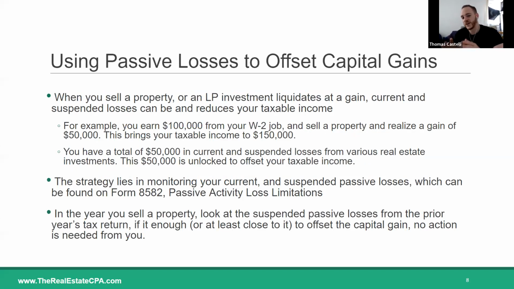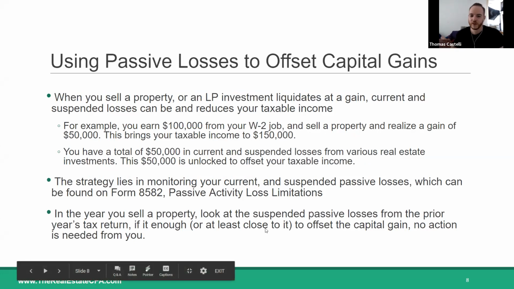So the second strategy we're going to talk about involves using these passive losses to offset capital gains. So when you sell a property or an LP investment liquidates at a gain, current and suspended losses can be used to reduce your taxable income.